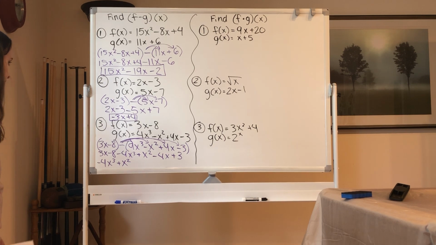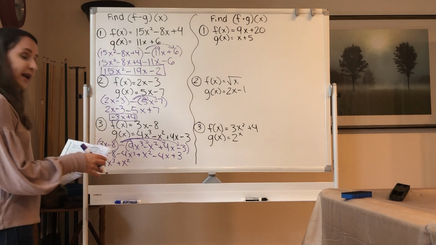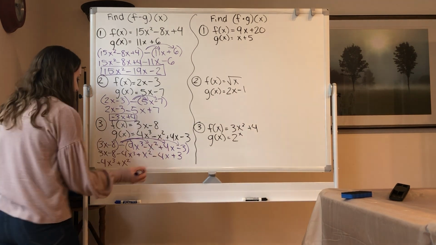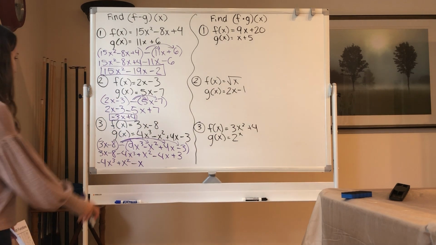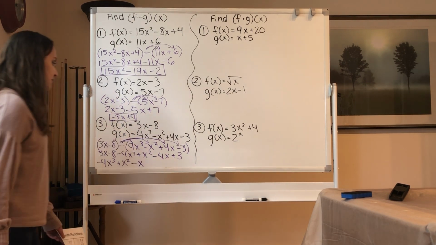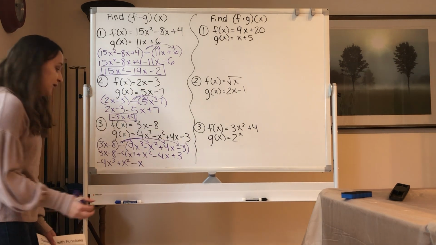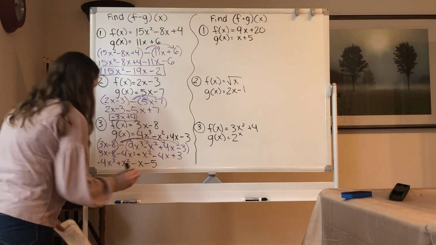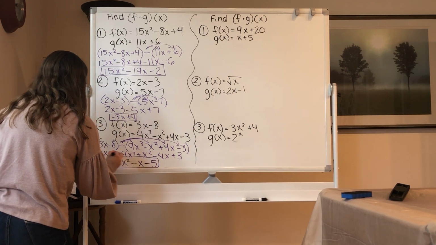Now we have 3x and a minus 4x, so that'll be negative x. 3x minus 4x is negative 1x, so negative x. And then we have negative 8 and positive 3. Negative 8 plus 3 is negative 5. And that is your final answer.